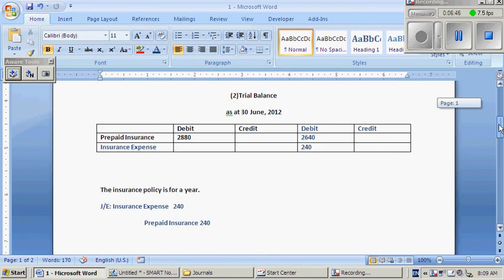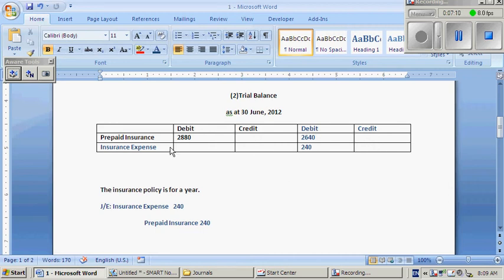But over here you can see the insurance is policy for a year, so it means you have to know that you prepaid insurance on 1st of June, so you are doing adjusted trial balance on 30 June, so already 1 month gone. So still your 11 months of prepaid insurance is still prepaid.